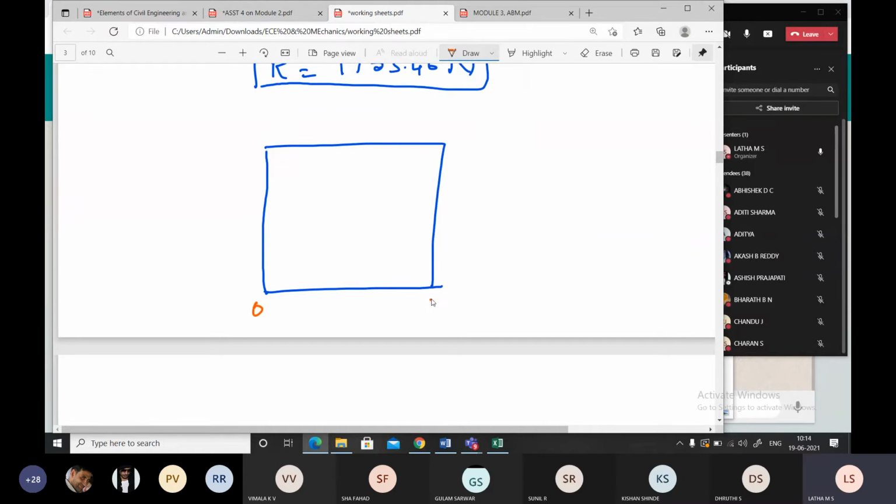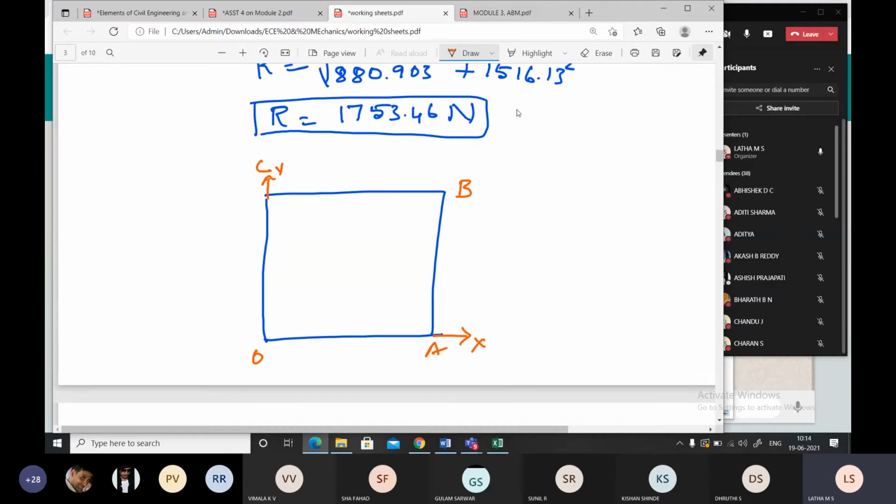This is O, this is A, this is B, and this is C. Now this is the y-axis, and this is the x-axis. Now we have calculated the resultant, so the resultant should be somewhere here only, students. Yes or no? Yes, ma'am.